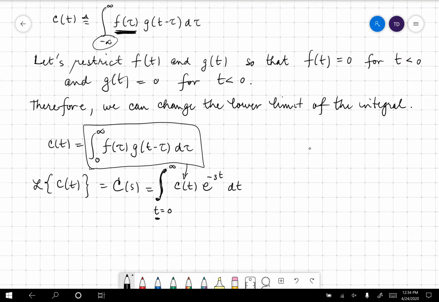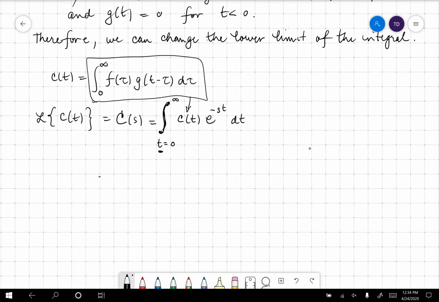Okay. Now I'm going to substitute this in for c. So this is equal to the integral t equals 0 to infinity of the integral, so we're going to be really careful here so that we know, tau equals 0 to infinity, f of tau, g of t minus tau, d tau, all times e to the minus st dt.